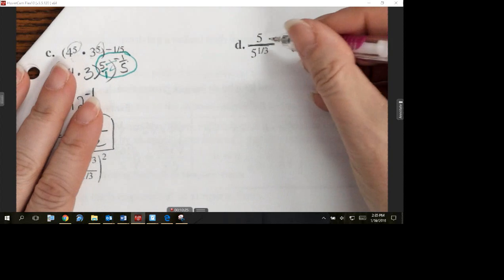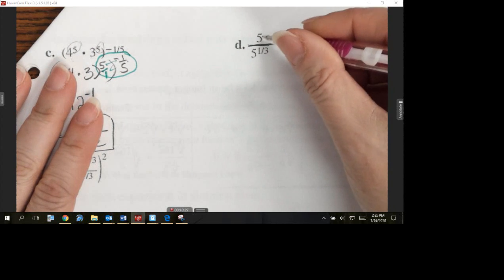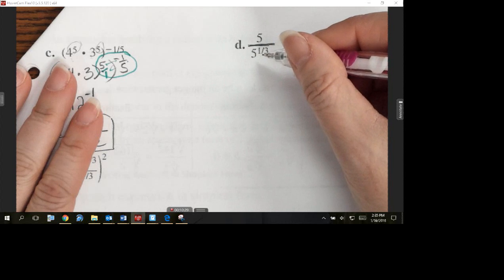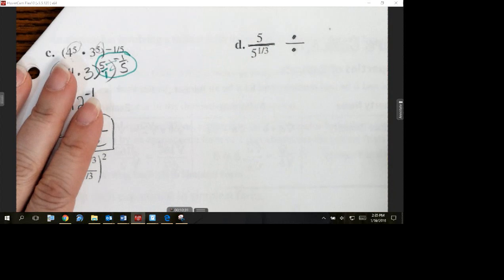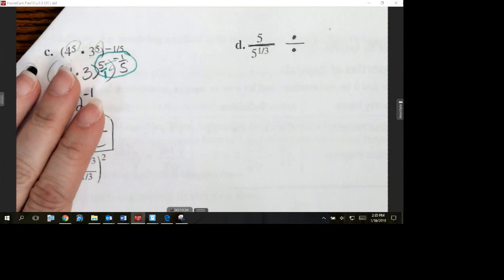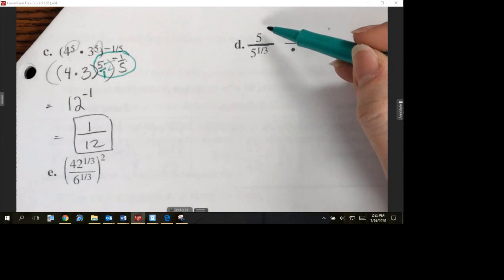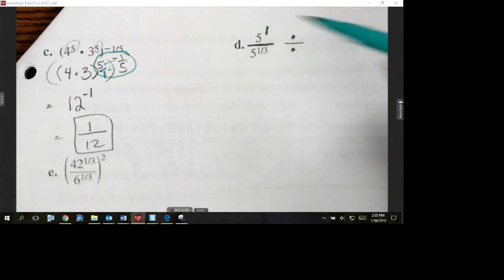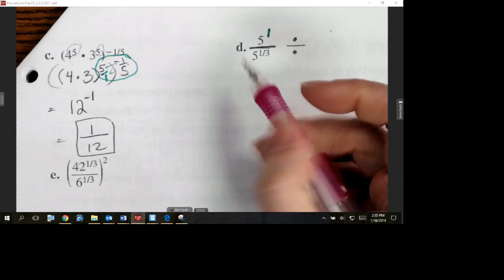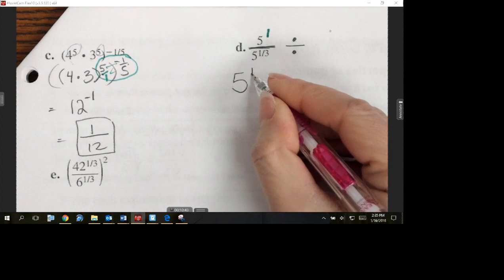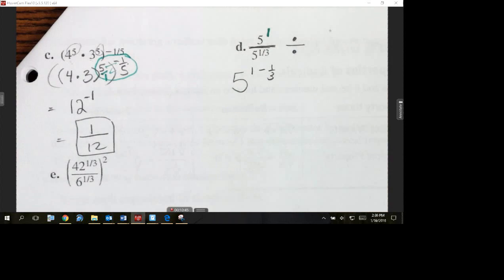Okay. So anyway, we have like bases, and when you're dividing like bases, what do you do to their exponent? Subtract them. What is the exponent on the top? 1. So we're going to have 5 to the 1 minus 1/3.